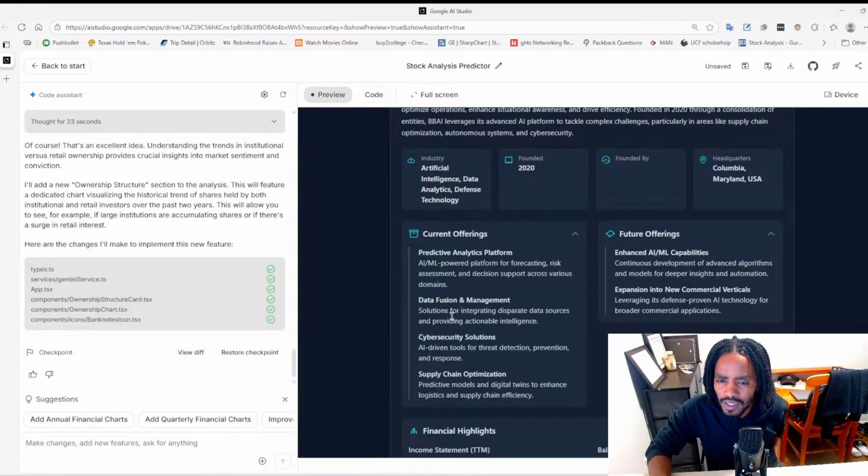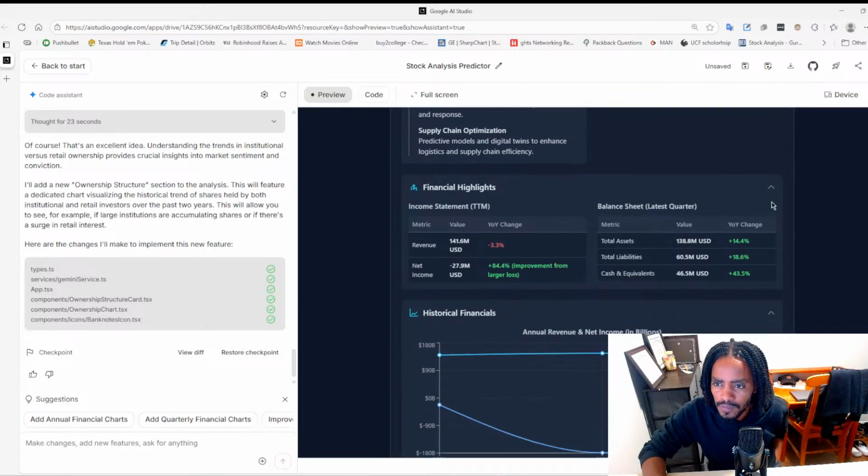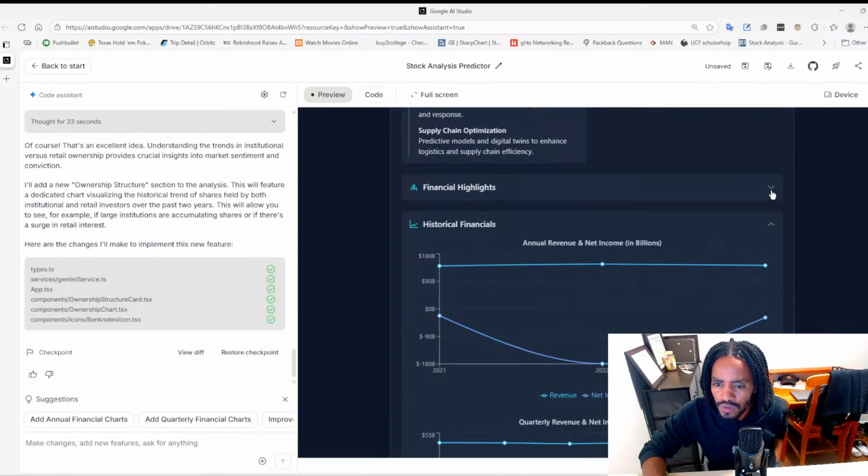It's not important, so I can hide these. Predictive analysis platform, data fusion management, cybersecurity, supply chain operations, enhanced AI ML capabilities. All right. Improved from larger loss. That's good. All right, let's close this out.